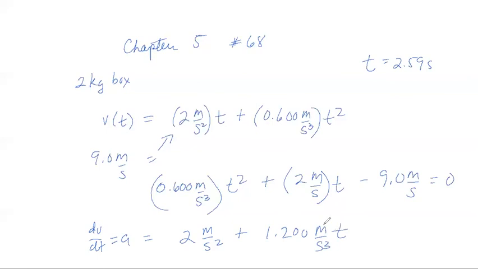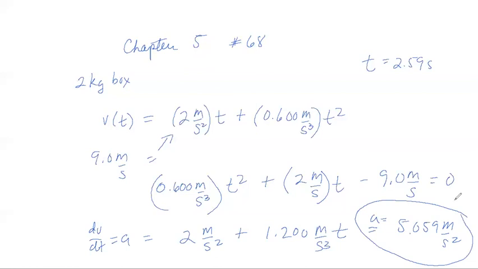Putting t in there gives me 5.059 meters per second squared. All right, that's a.